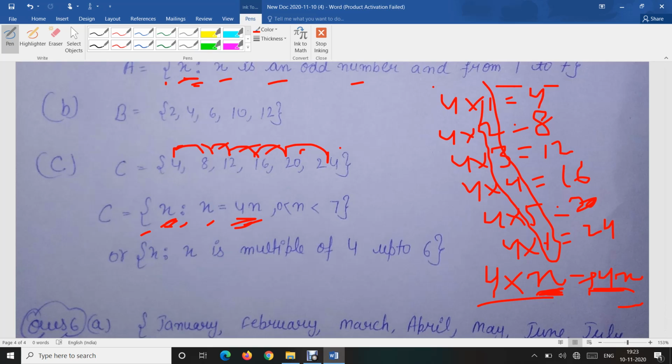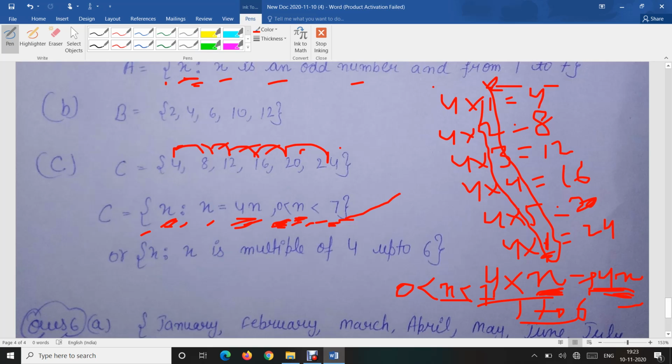So there is one more condition which we have to define, that where n is greater than 0 and less than 7. That means n varies from 1 to 6. Therefore we wrote 0 is less than n is less than 7.